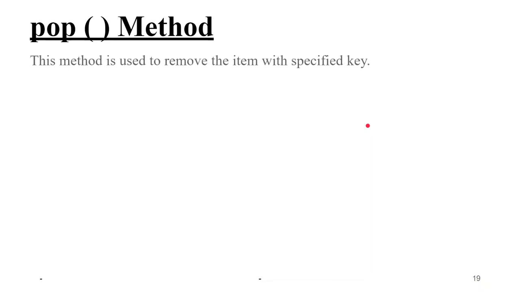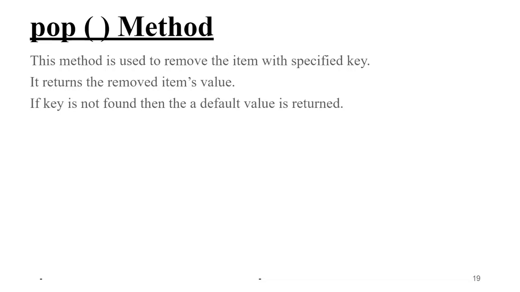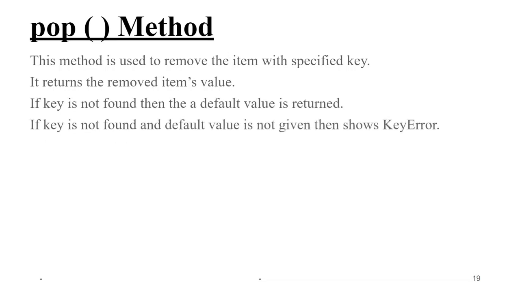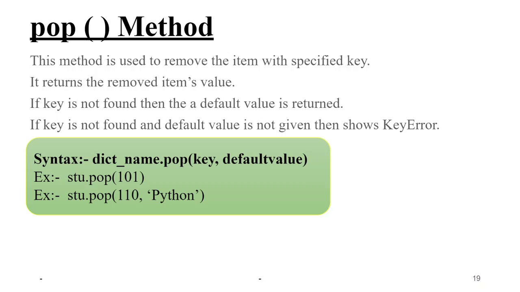And then we have a pop method, which is used to remove the item with a specified key, and it returns the removed item's value. But if the key is not found, then the default value is returned. But if the key is not found and the default value is also not given, then it shows a key error. So here is the syntax of the pop method. The pop method takes the key, and the default value is optional.